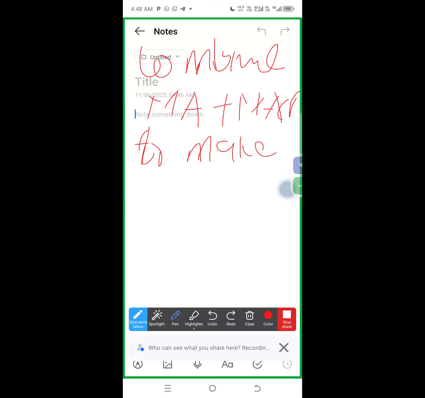Okay, so this is what we're going to discuss this morning, and I'm just going to make it very short and precise. So that's what we're going to do: using moving average and MACD to make entries in the market.